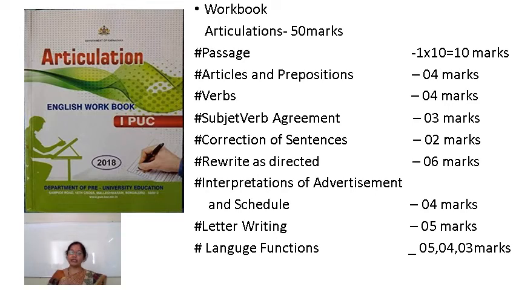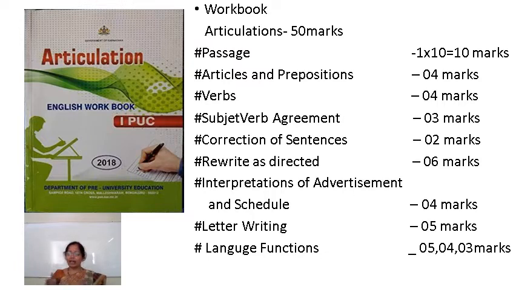And then comes interpretation of advertisement or schedule. Anything they can ask, which is for 4 marks. In your question paper, interpretation of advertisement or schedule. Advertisement, you know how advertisement used to publish in your newspaper or any other pamphlets.